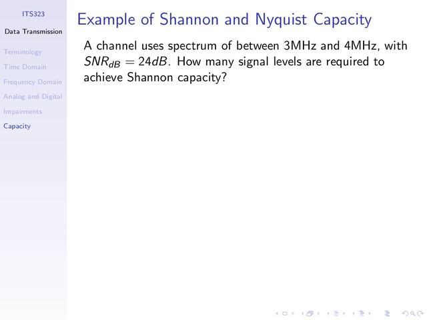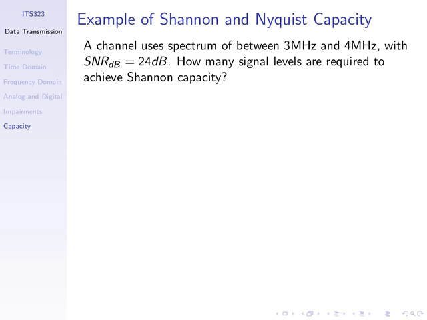Let's write down what we know. From the spectrum, what do we know that's going to be useful? Bandwidth. What's the bandwidth? 4 minus 3 megahertz.